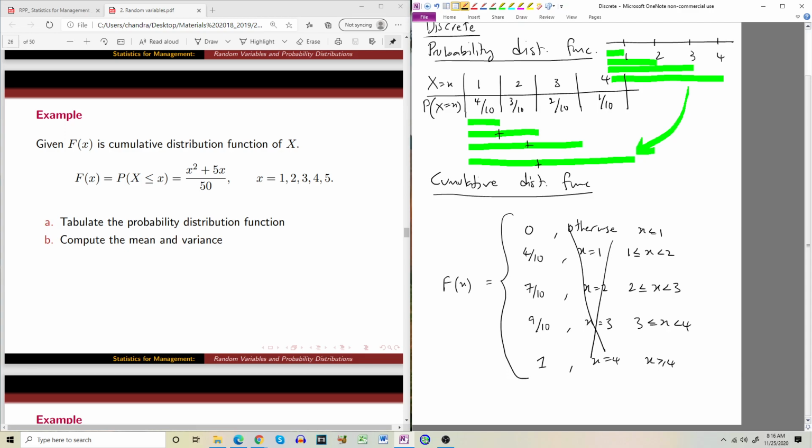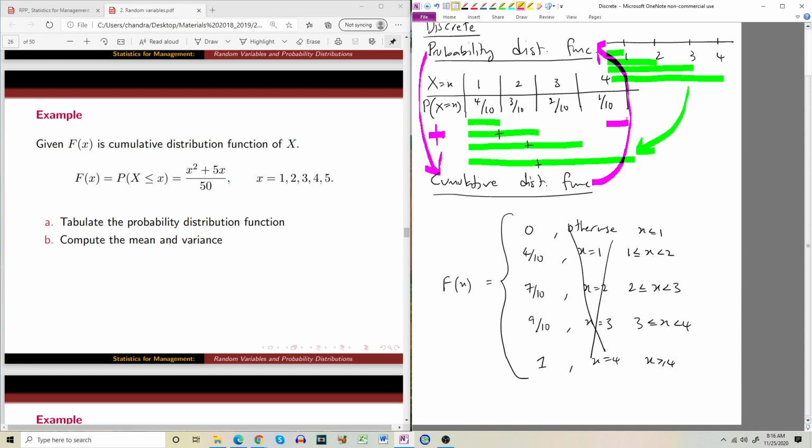My focus is when I give you probability distribution function, you can find cumulative distribution function. What you did, you add. Now if I give you cumulative distribution function, can you find back the probability distribution function? What do you have to do? Minuses, right? The reverse.